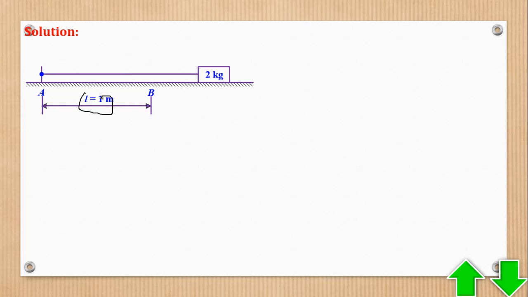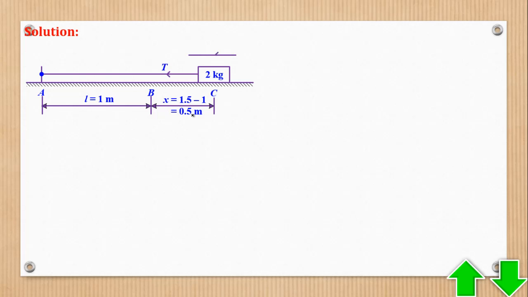Then beyond point B to point C, there is an extension. They told us that AC is 1.5. So the extension will be 1.5 minus the original length to give you 0.5. Because of the extension, there should be tension in the string.